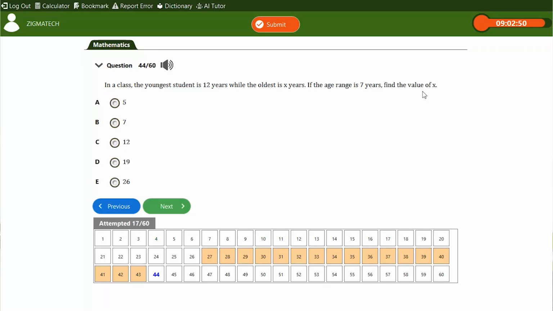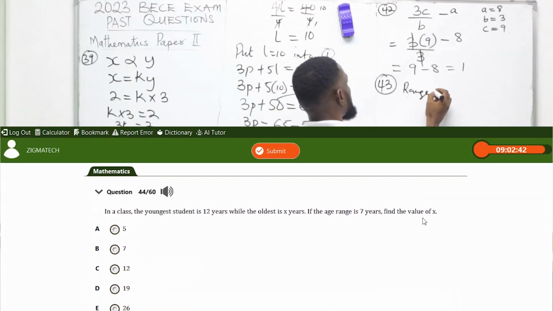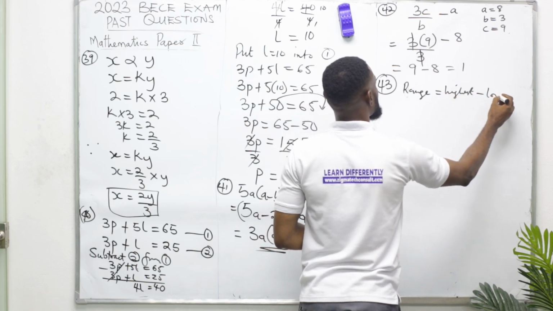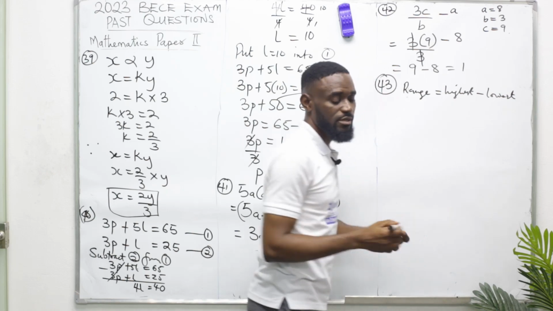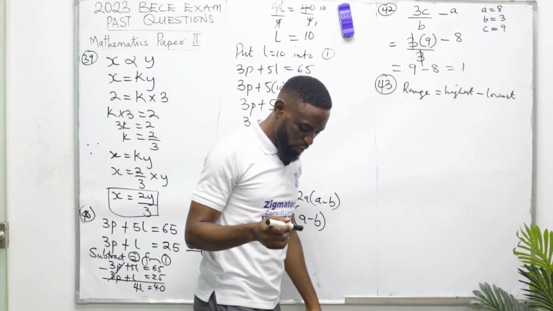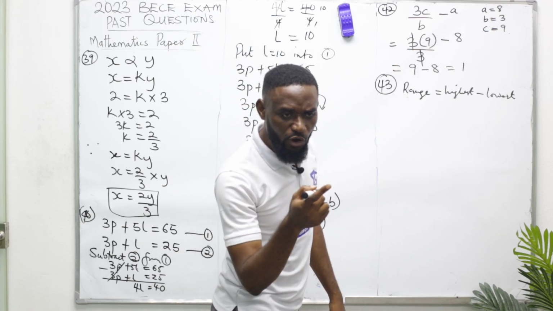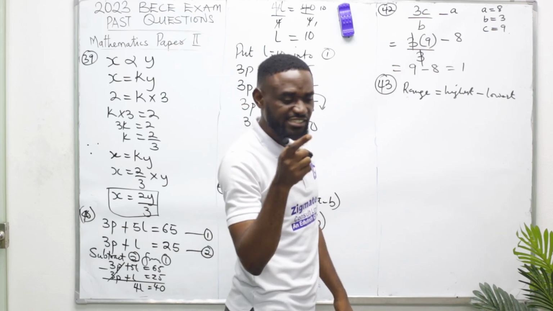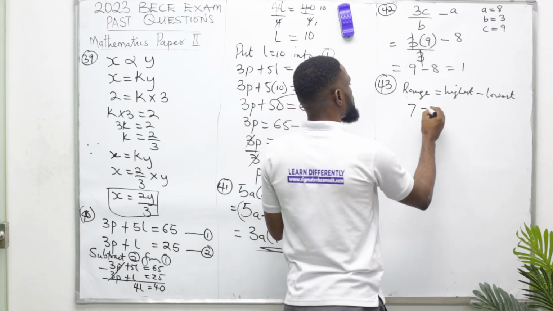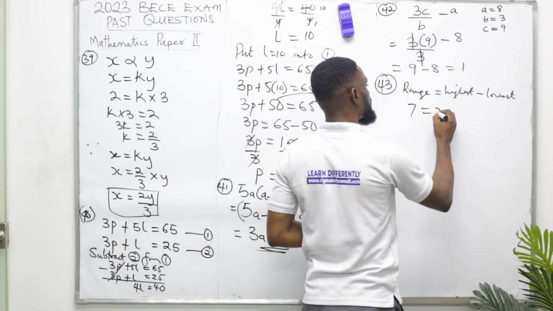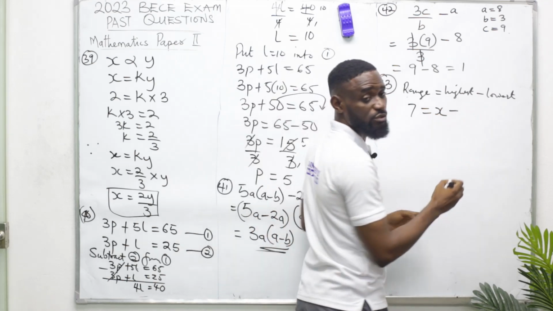First of all, range equals highest minus lowest. That is what it means. Range, according to the question, is given to us as 7. They say the age range is 7, so 7 is equal to highest minus lowest. They said the youngest is 12, meaning the highest is x. So it equals x minus 12.